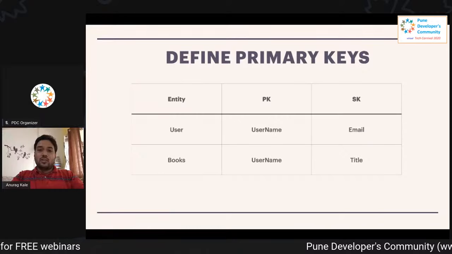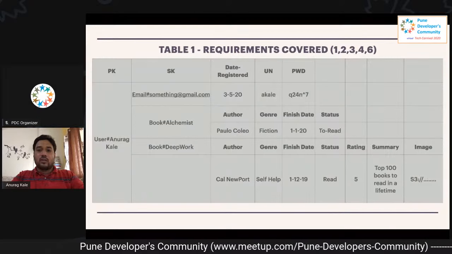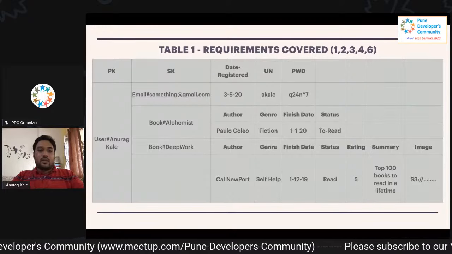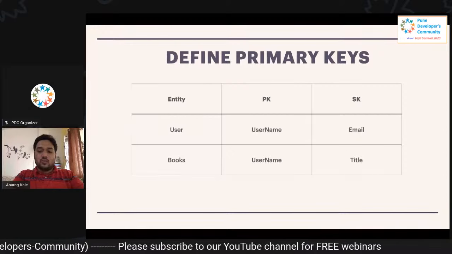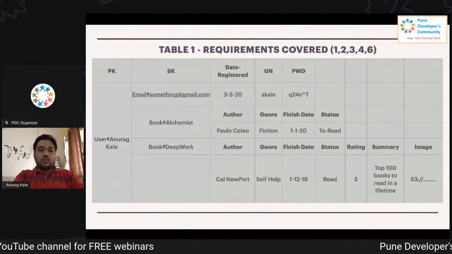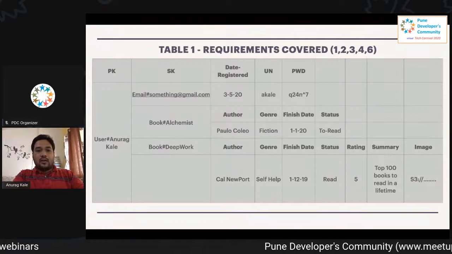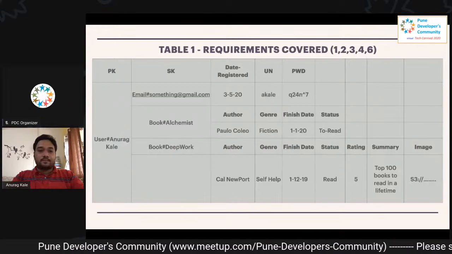Now let's see how this access pattern helps us cover our requirements. This is the table that I have defined. In both cases, you see that the partition key is username. On the left, the partition key is now user hash Anurag Kae. And on the right, we defined two different sort keys: one was email and the second was title.